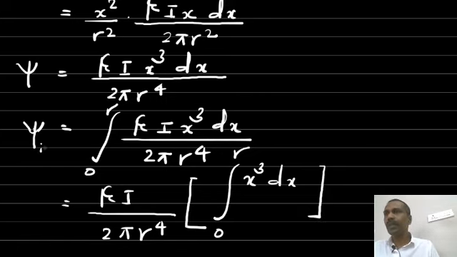So this flux can be written as psi internal because this is the total internal flux.